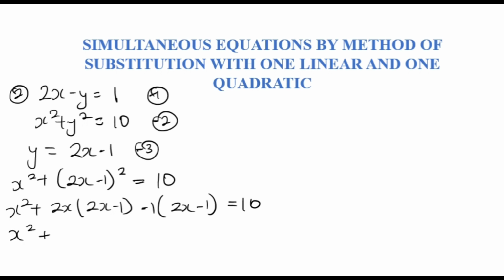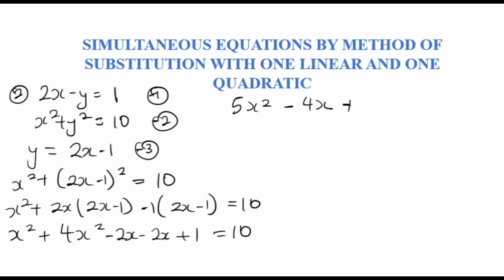x squared plus 4x squared minus 2x minus 2x plus 1 equals 10. So x squared plus 4x squared is 5x squared. Minus 2x minus 2x is minus 4x, plus 1 equals 10. Then we have 5x squared minus 4x minus 9 equals 0. 5 times 9 is negative 45.